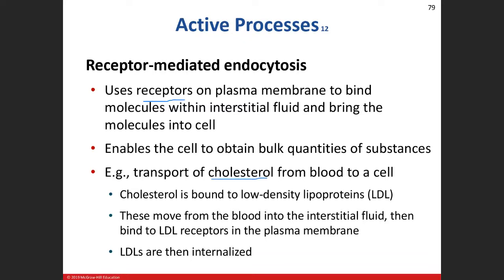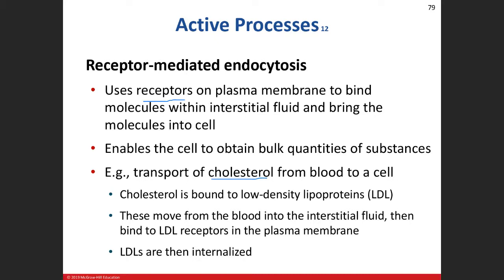But as cholesterol is floating through our bloodstream, it's actually stuck onto what we call LDL. And you may have heard of LDLs before. They have the nickname of bad cholesterol. And all of these LDLs are these proteins, these lipoproteins, that sit around the cholesterol here. And they float around the body.